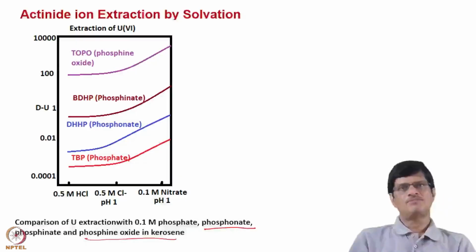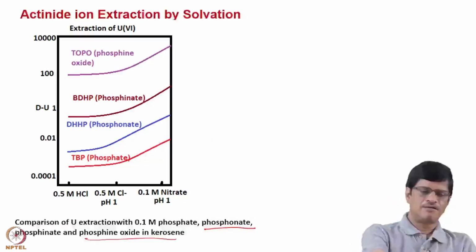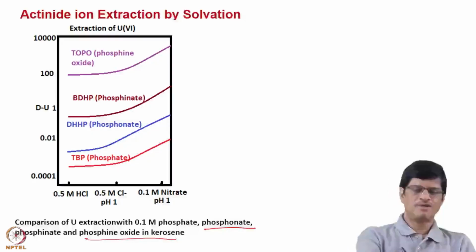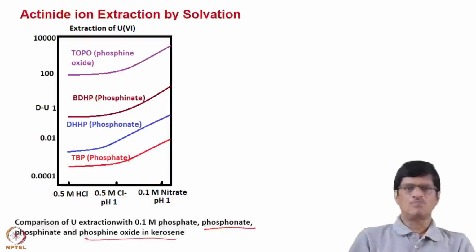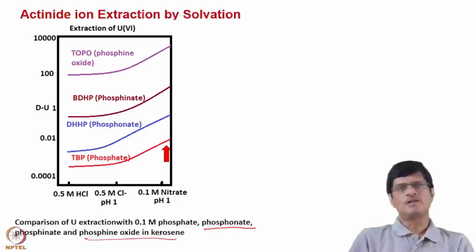But if you have a phosphonate, that is this ligand DHHP or dihexyl phosphonate, you have the extraction of uranium significantly higher than that of TBP, and you get the condition where the TBP extraction of uranium at around 0.01 has increased to a little less than 1.